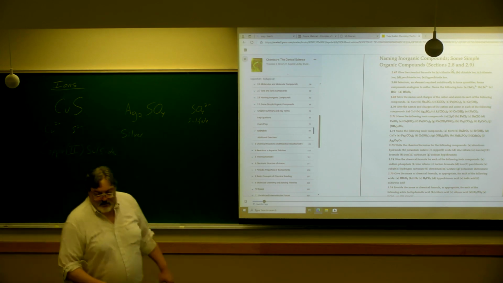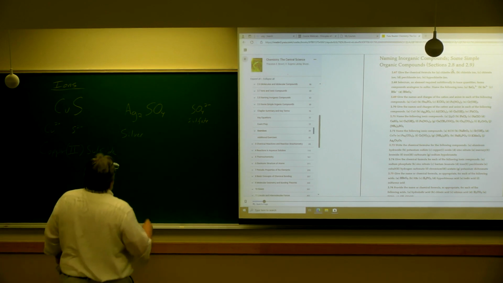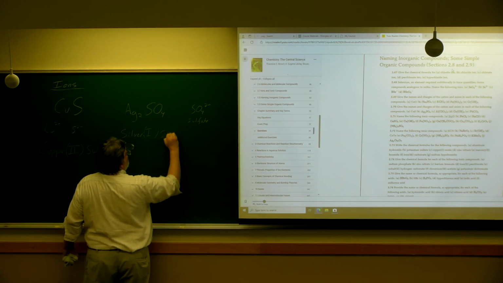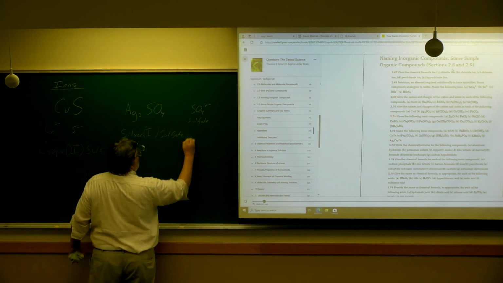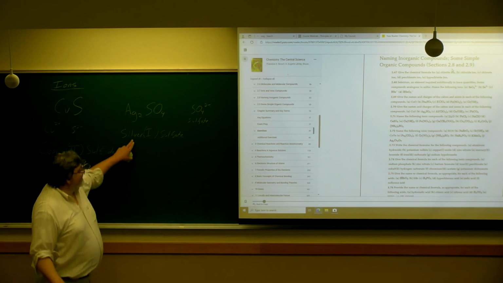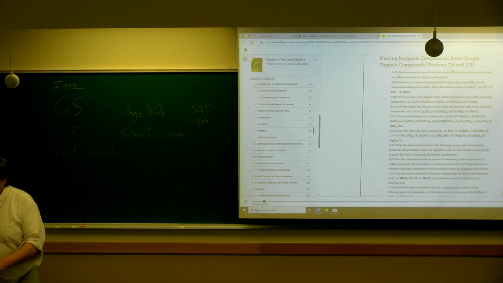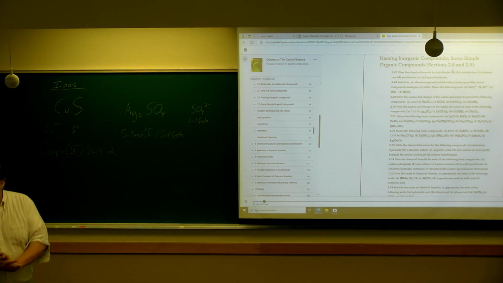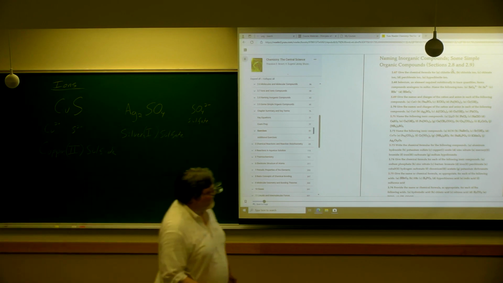You might think it should be called silver 1 sulfate. I wouldn't count that wrong on a test, because silver is in the transition metals. But like I said, zinc, silver, and I think cadmium only ever have one charge. They're the flukes of the periodic table, the flukes of the transition metals.